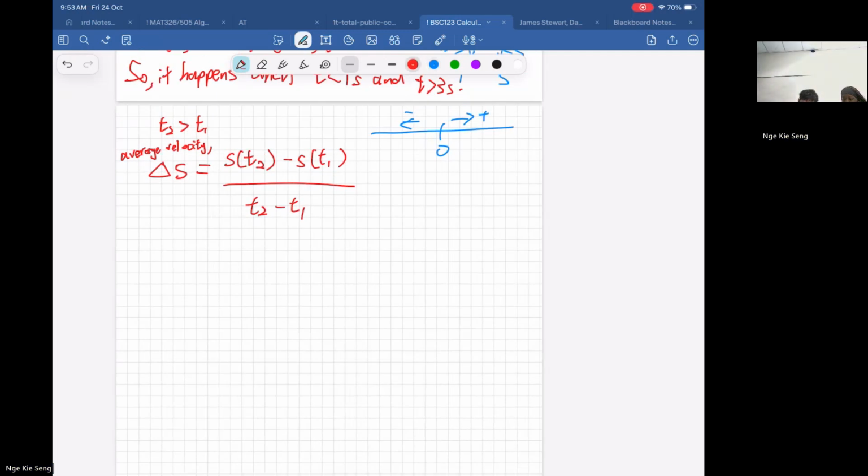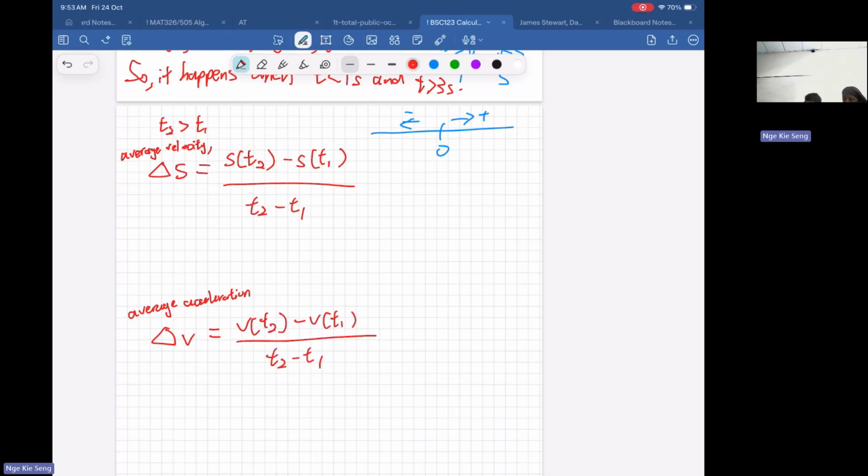Similar analysis here: delta v. The average acceleration is v of t2 minus v of t1, over t2 minus t1, right?